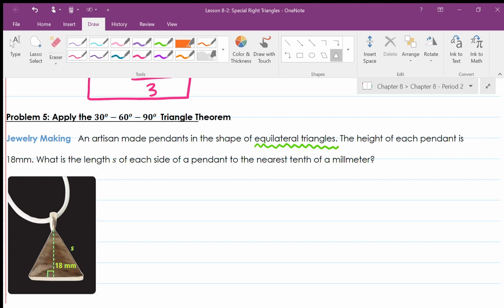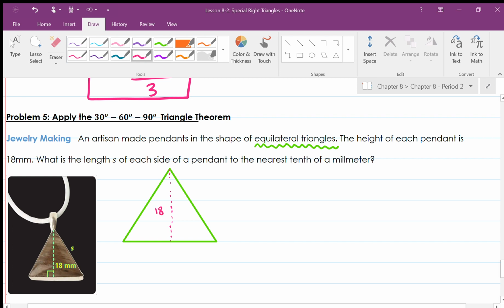So let me take the minute to sketch out an equilateral triangle here, okay? Because they're saying that this pendant is an equilateral triangle. And it's saying that the height of this pendant is 18 millimeters. Now, it's important to know that the height of this pendant is actually your altitude, which we did learn in a previous chapter.